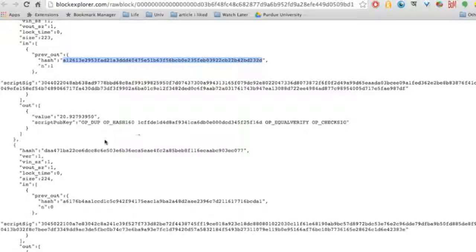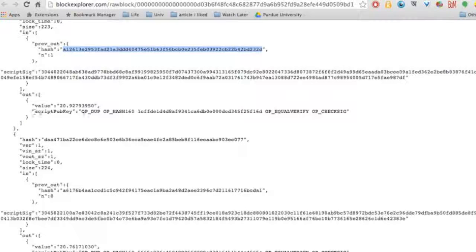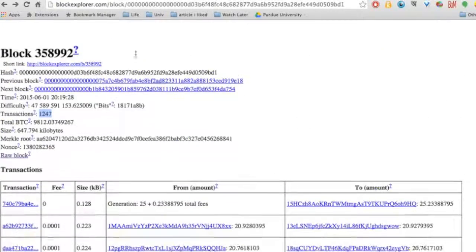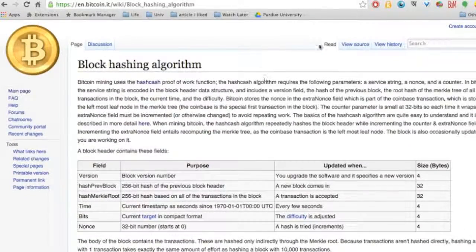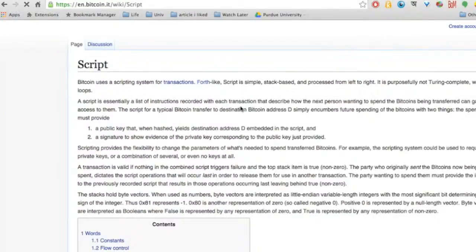Okay, so as you can see, in the script pubkey here you can also see some programming that in Bitcoin we call opcodes, that means operations. So basically this has meaning. Later, there's another article in the Bitcoin wiki called Script.